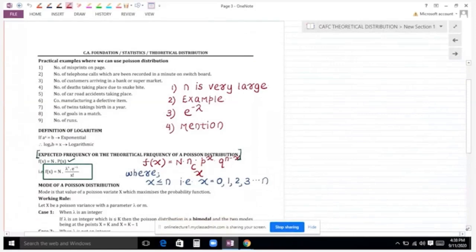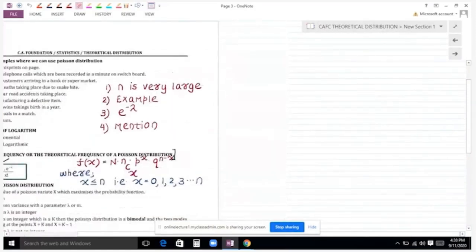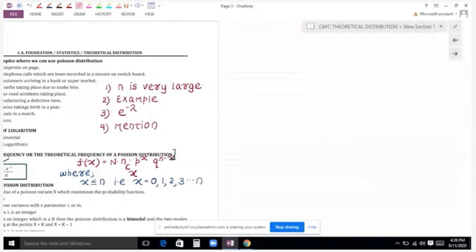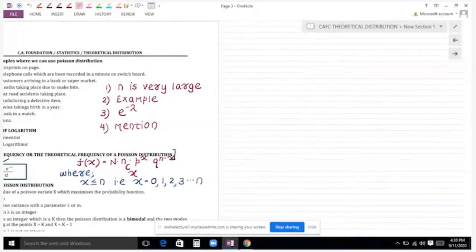Tell me, in a Poisson distribution, how many parameters are there?